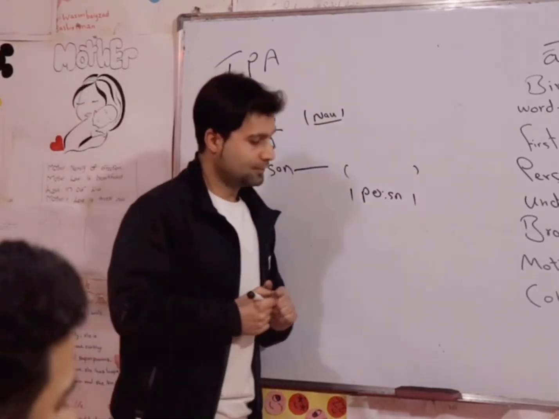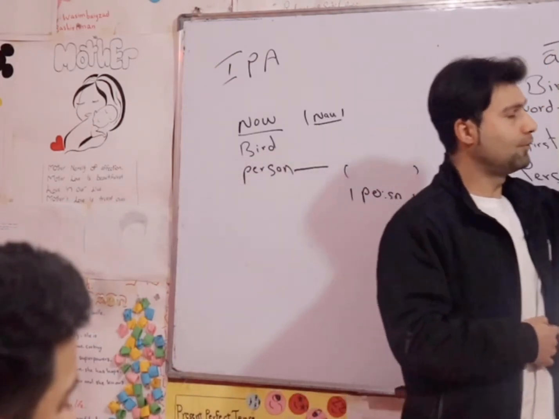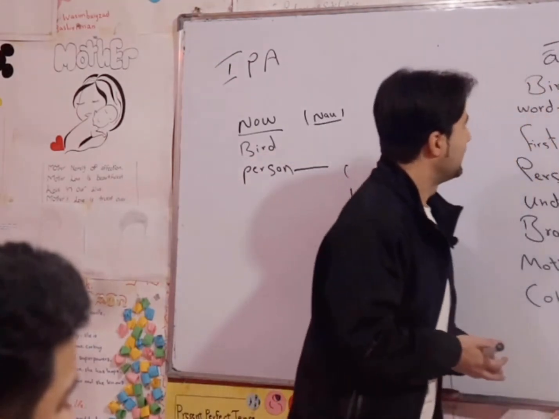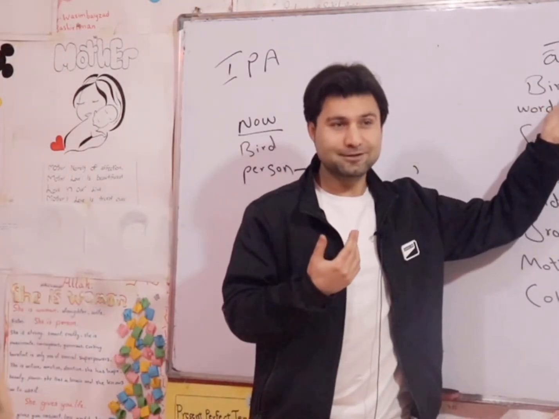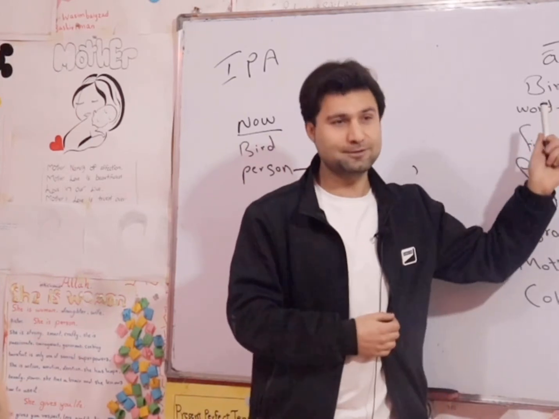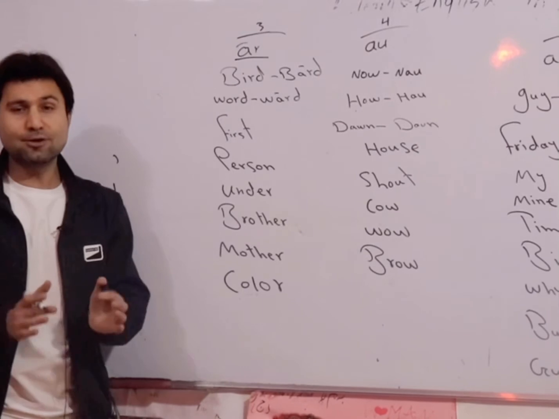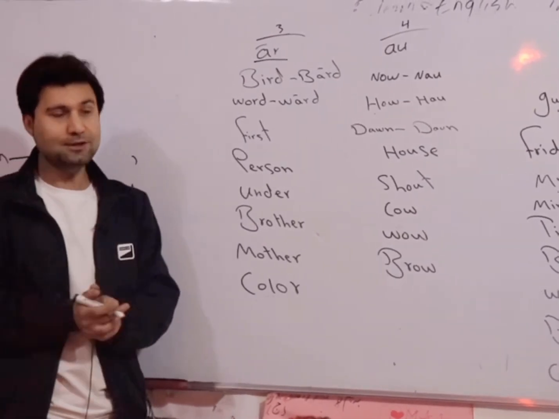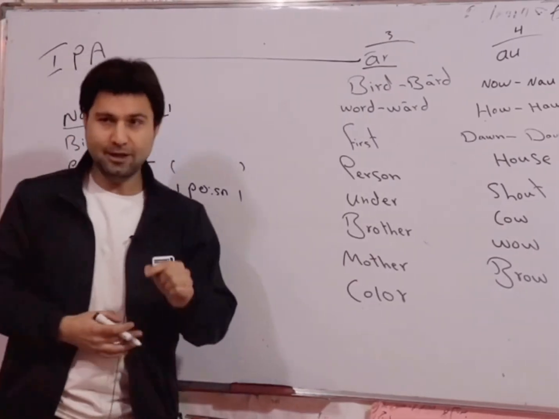So now we are going to practice 3 sounds: number 3, number 4, and number 5. Number 3, how do you pronounce this sound? This is a symbol. This is also an alphabet. What kind of alphabet? It is related to IPA. IPA is for sounds of English.